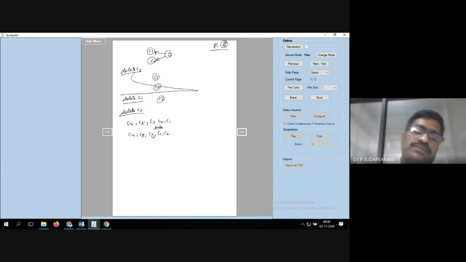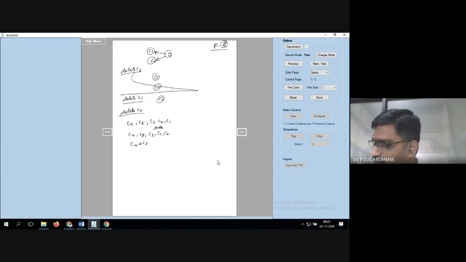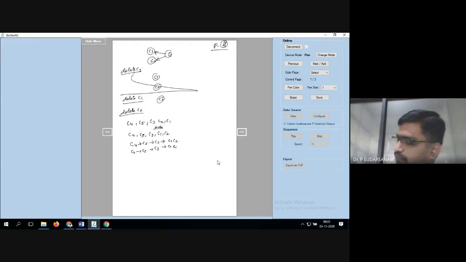Both are possible. So both the orders you can write, or sometimes somebody will write C4, comma, C5, C3, and in this case C1 comma C2 or C2 comma C1. This is what order can be written for the topological sorting. So this is what topological sorting is.